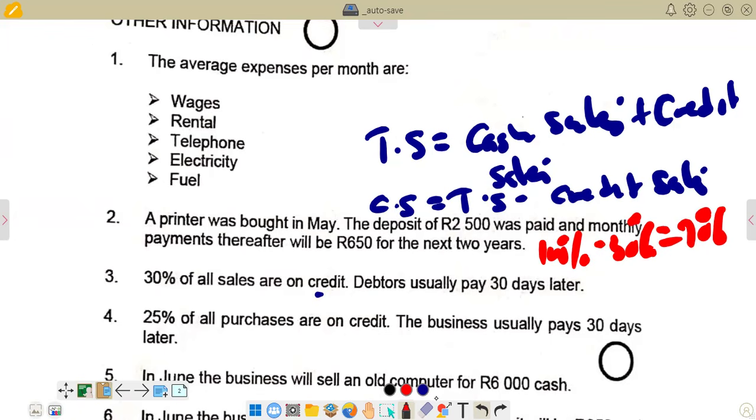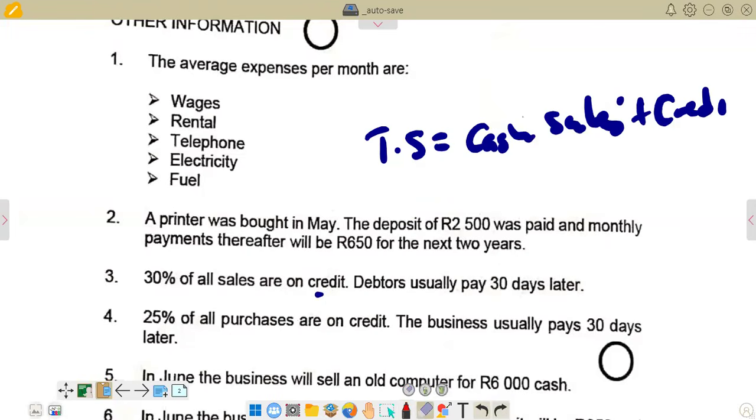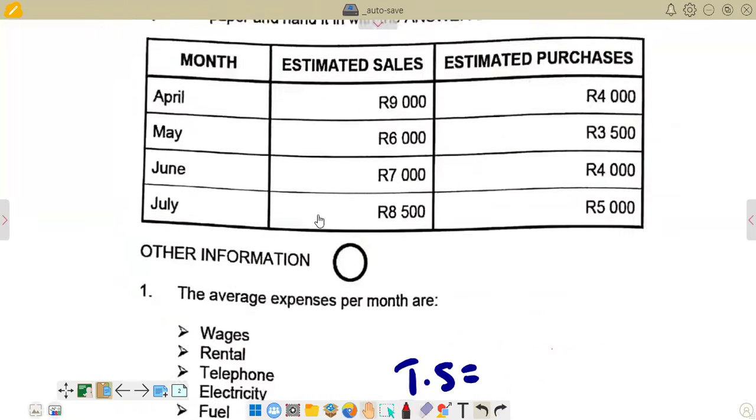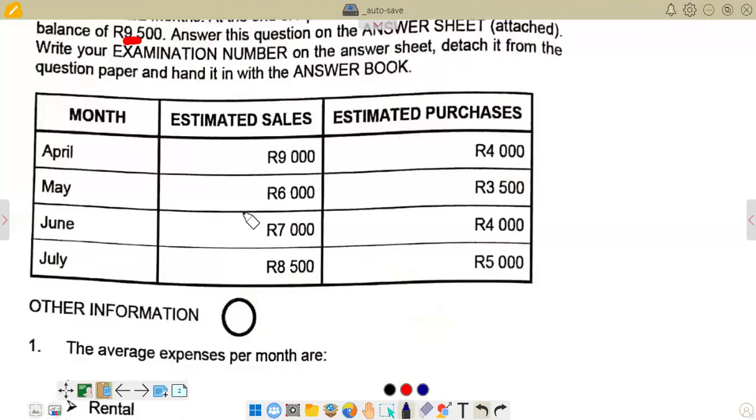So basically, that's how we are going to articulate it in our table. We are going to use our 70%. So we can go to our table and adjust as such. For our cash sales, we are saying 70%, which as a decimal becomes 0.7.